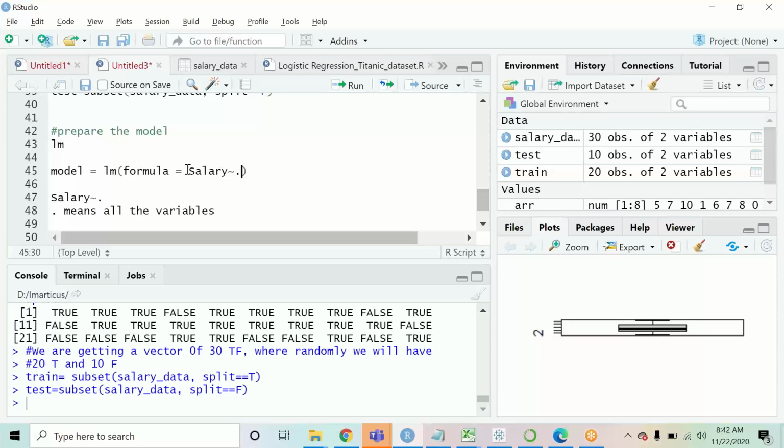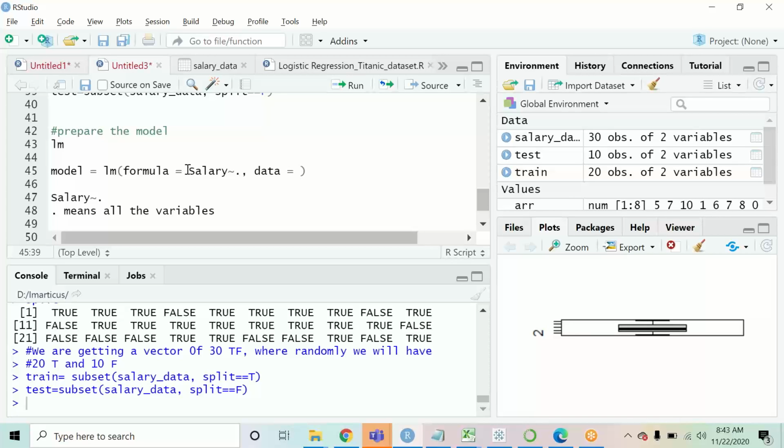Now what we do is we tell the data set on which data set this model has to be created. So what is the name of my data set on which the model has to be created? What is the name of the data set, class? No, training data set, right?